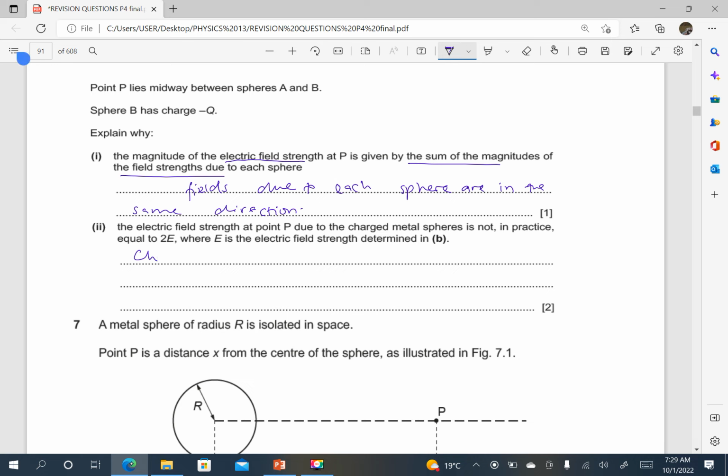The charges on spheres, since one was positive, one was negative, can attract or in general affect each other. So the spheres are not point charges.